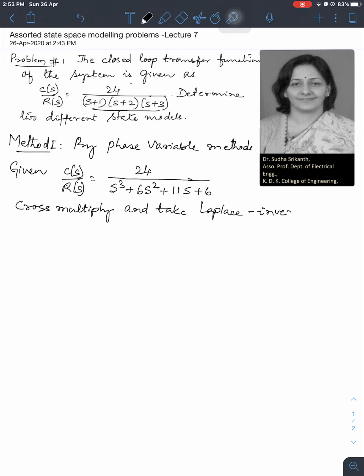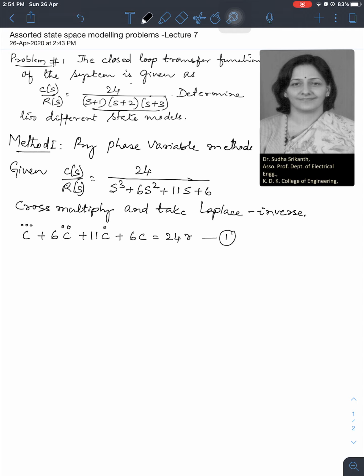So we will get s cube into C(s), when taken as Laplace inverse, as C triple dot plus 6 C double dot, that is the Laplace inverse of s square into C(s), d2c by dt square, plus 11 C dot plus 6c equal to 24r. This is equation 1, the differential equation.